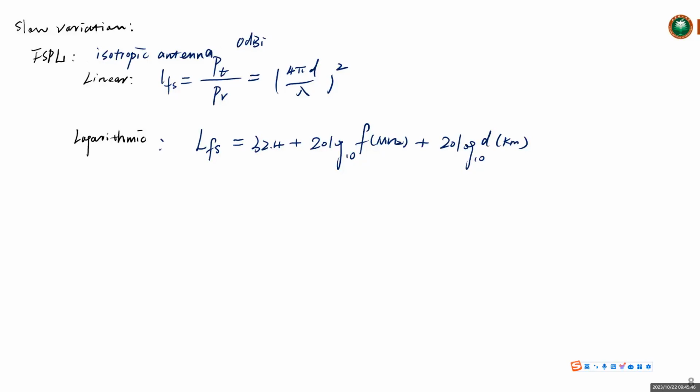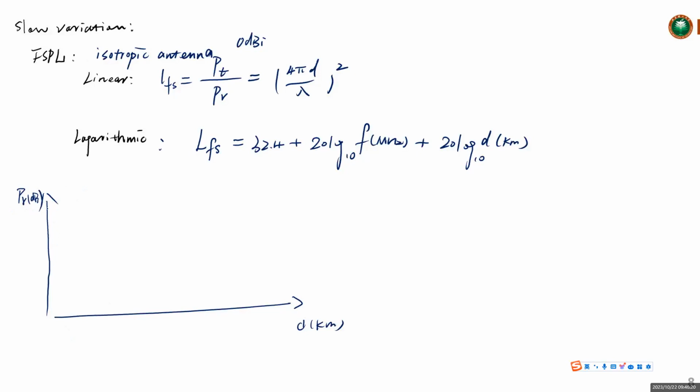From here, we can see that for the free space path loss, we have the distance in kilometers and the received power relative to 1 kilometer, okay? So this unit is dB, not dBm or dBw.